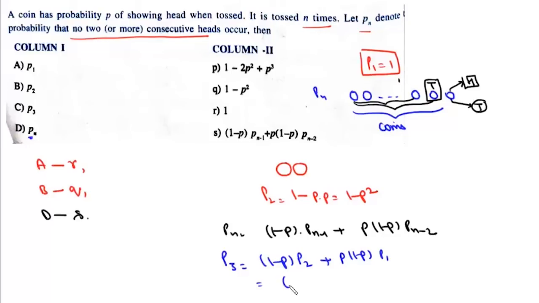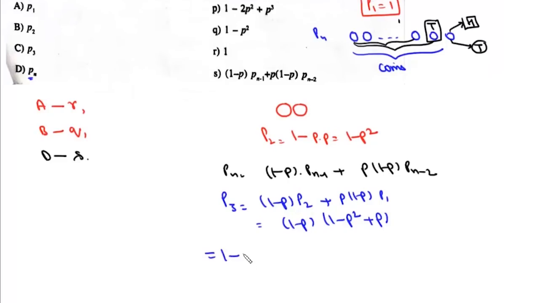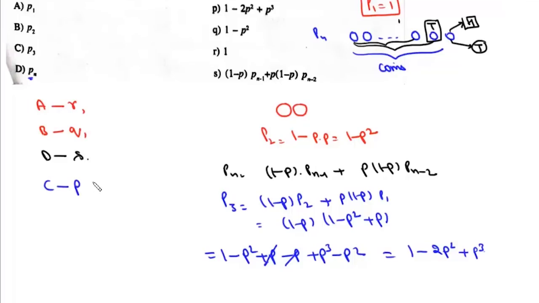So we can write this as 1 minus P, and here it will be 1 minus P square plus P. Now if we simplify this, we can write this as 1 minus P square plus P minus P plus P cube minus P square. Now P and P will cancel, so this probability will be 1 minus 2P square plus P cube, and that's your option P. So this C, it matches with P. And this is the answer to this question.